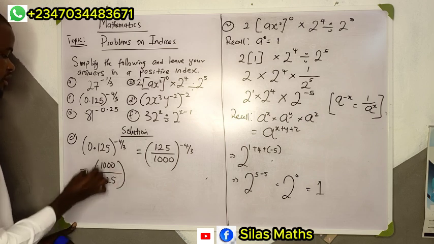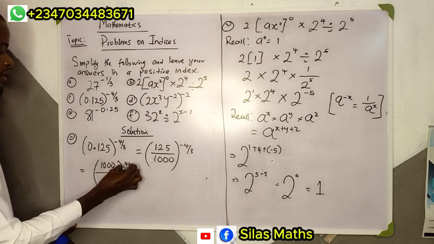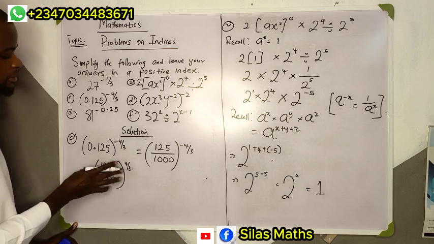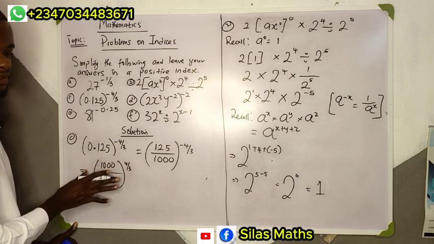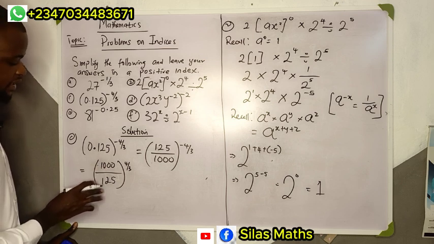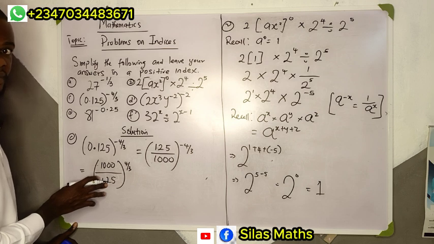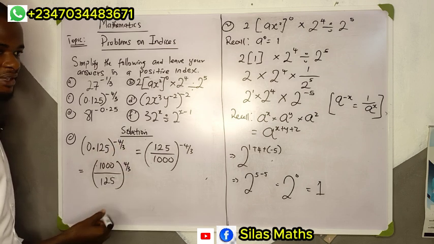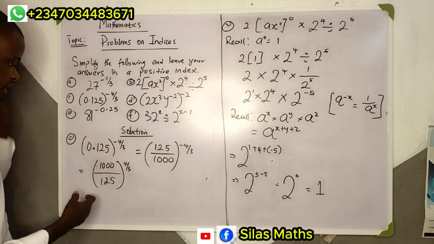125 all to the power of 4 over 3. Now at this point, if I don't want to apply taking the third root of this, I can ask myself a question. What number will multiply itself 3 times to give me this? That is 10. The same thing with here. Here is 5. 5 times 5 is 25. 25 times 5 is 125.